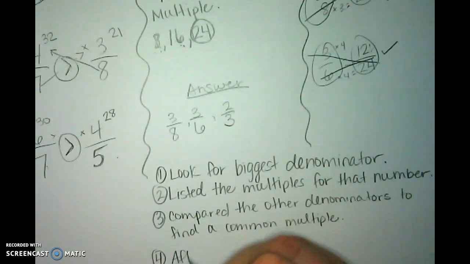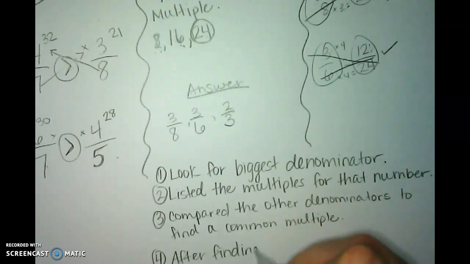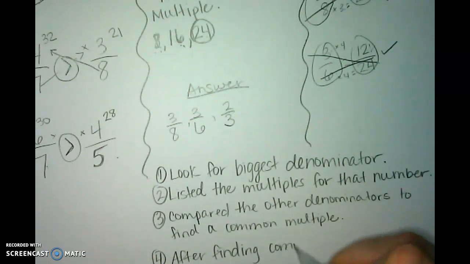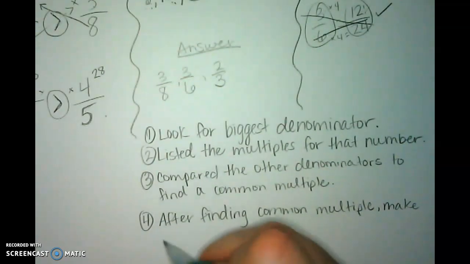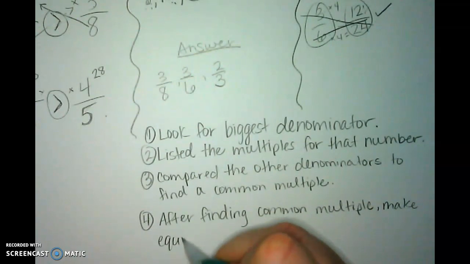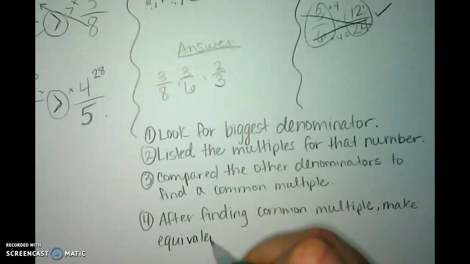After finding a common multiple, make equivalent fractions.